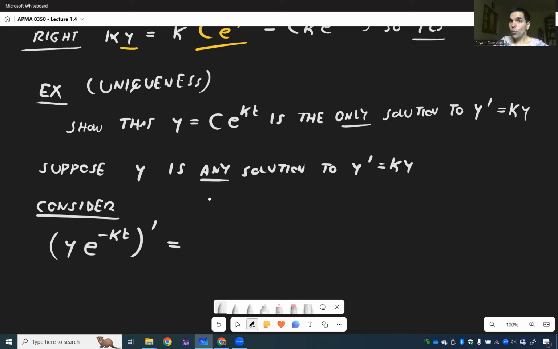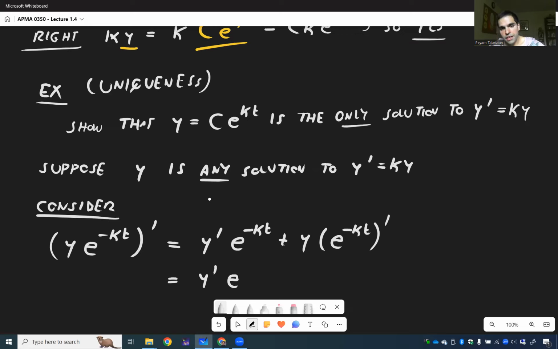But now we can use the product rule. So this becomes y prime e to the minus kt plus y times the derivative of e to the minus kt. And that becomes y prime e to the minus kt plus y, and then chain rule, minus k e to the minus kt.